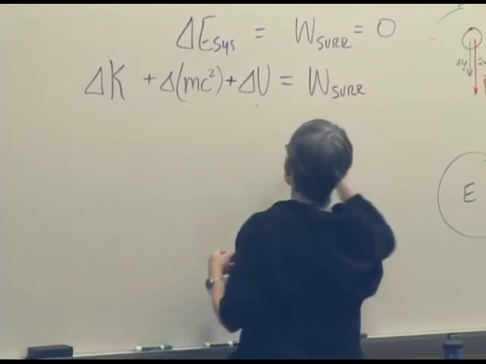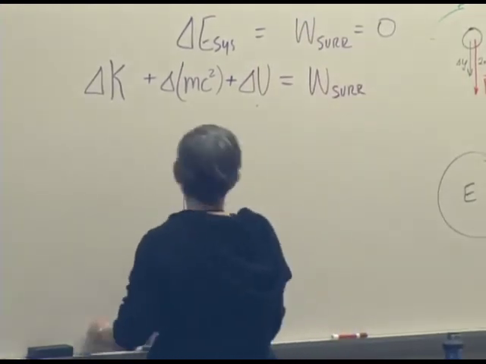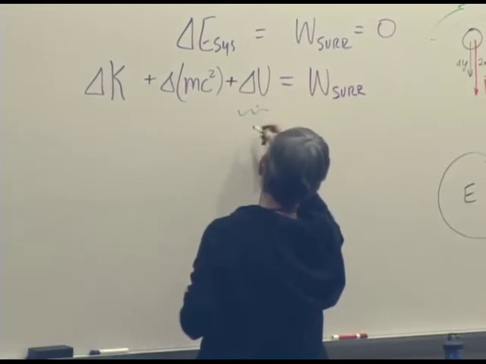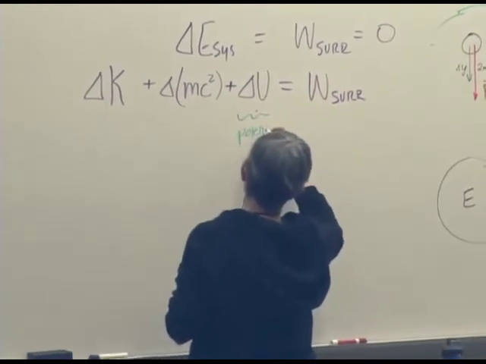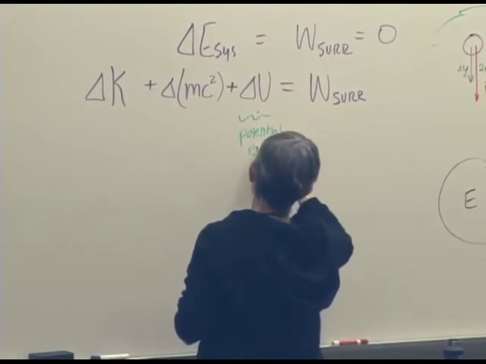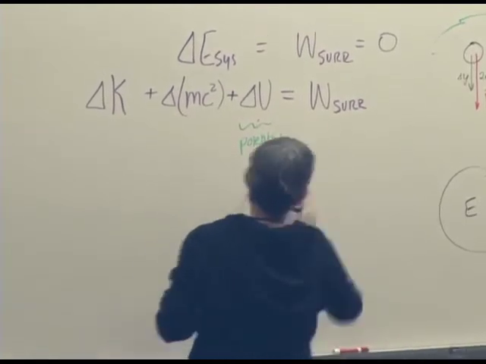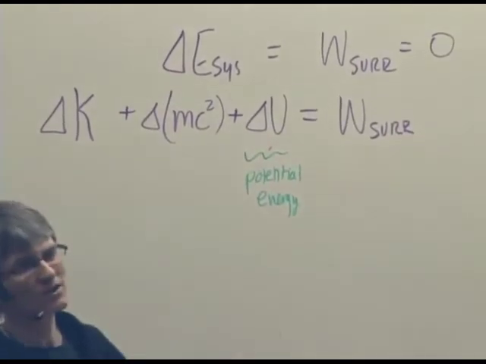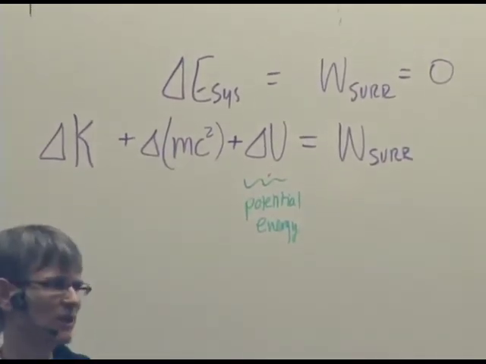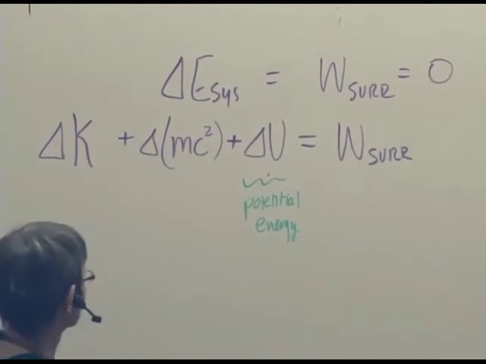We use the symbol U for it, and it's associated with the energy of interaction of a pair of objects. And if our system has lots of pairs of objects, then we have lots of potential energy terms that we'll have to work out.